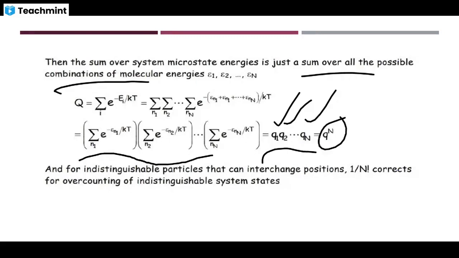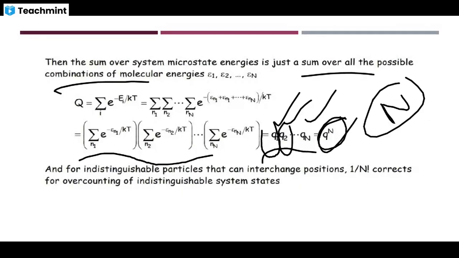Q1 is for molecule 1, then molecule 2, and this is for the whole system containing n molecules. For indistinguishable particles, we can interchange positions. For indistinguishable particles, don't forget to divide by n factorial, because for indistinguishable particles the number of distinct states is much lower.